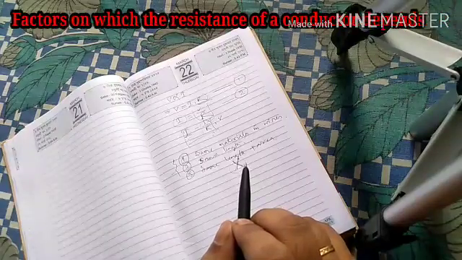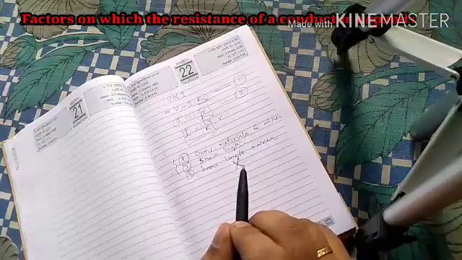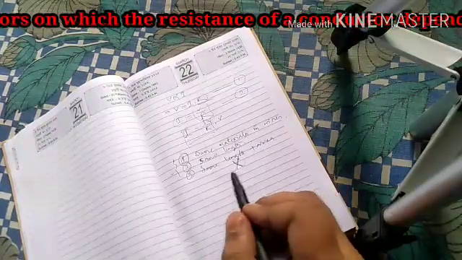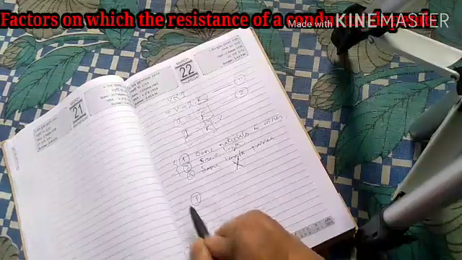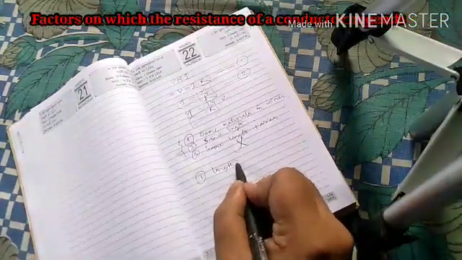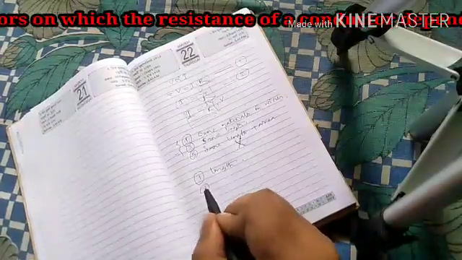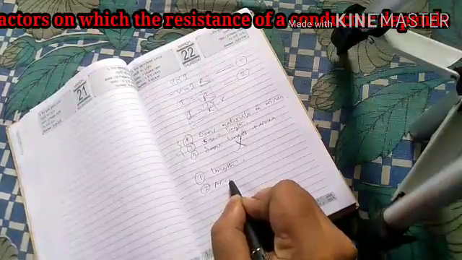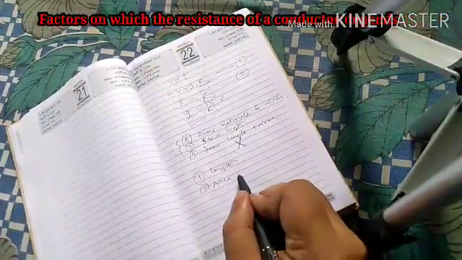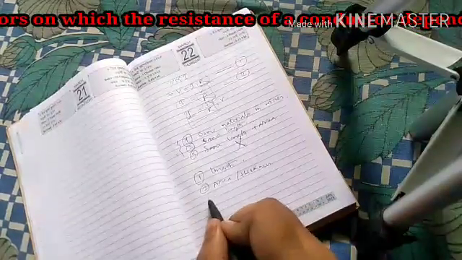Now we observe on what the resistance of a conductor in a circuit depends. Those factors are: number 1, the length of the wires. Number 2, the area of the wires, meaning the thickness. Area here means thickness also.